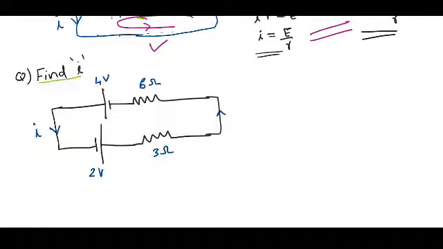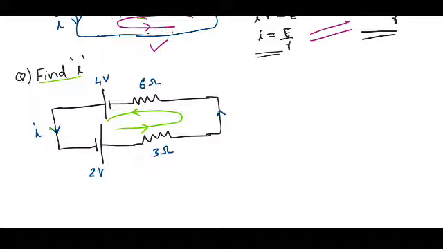Now, first we have to decide our path. Usually, I take the direction of the path along the direction of the current. Here the current is flowing in this direction, therefore I consider the path in the same direction. Okay, that is my convention.